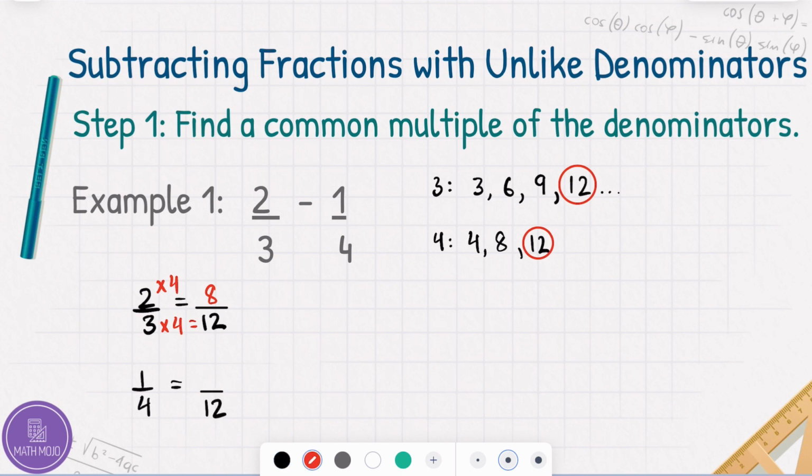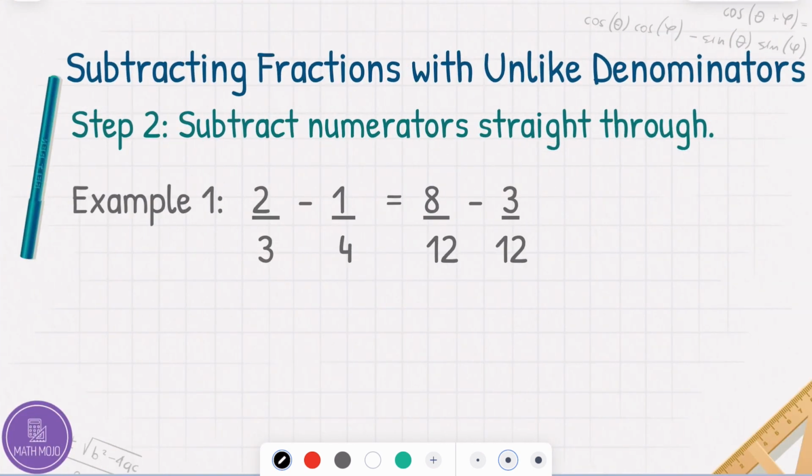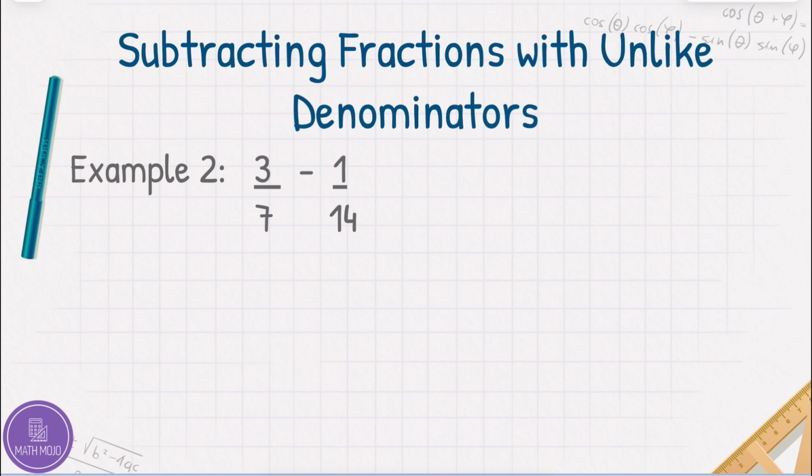We got to 12 this time by multiplying by 3. So we're going to do the same thing to our numerator, multiply by 3, which gives us 3. So now we can make our new equation, which is 8 over 12 minus 3 over 12. Now we can just subtract the numerators straight through. So we get 5 over 12, and that is our final answer.